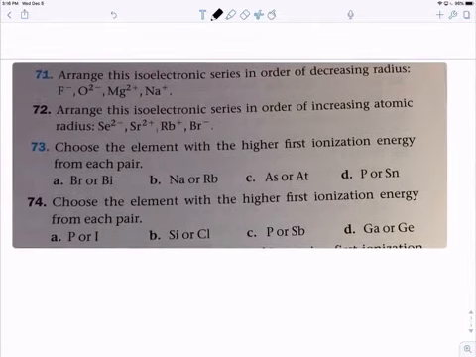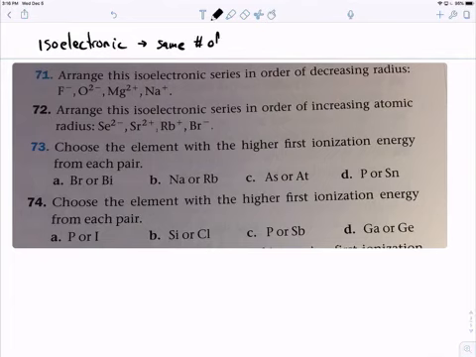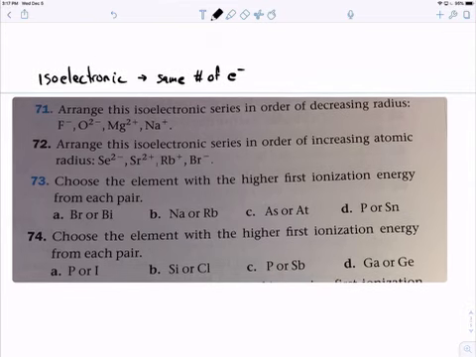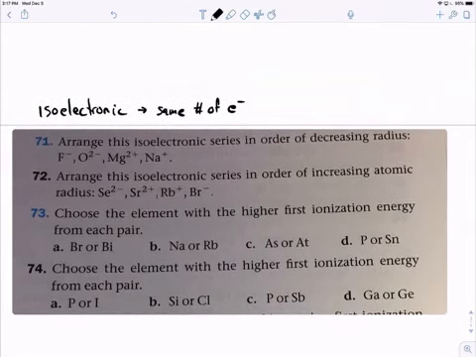So, isoelectronic. This means same number of electrons. So if we look at these ones here, decreasing radius.